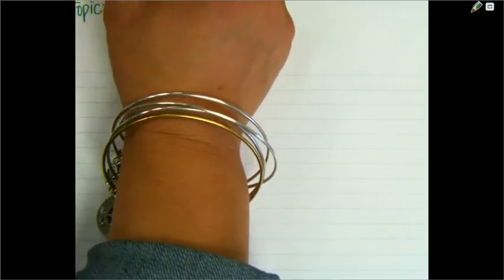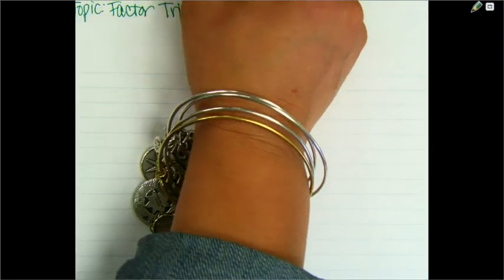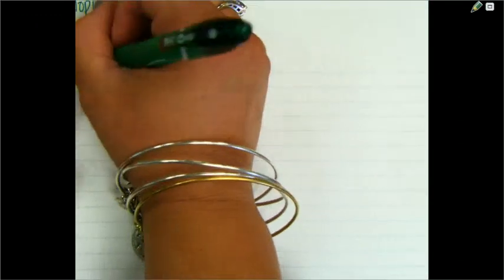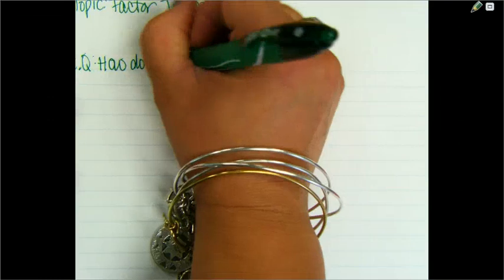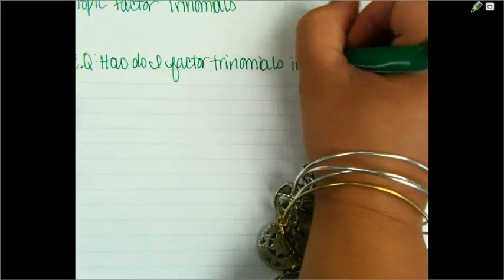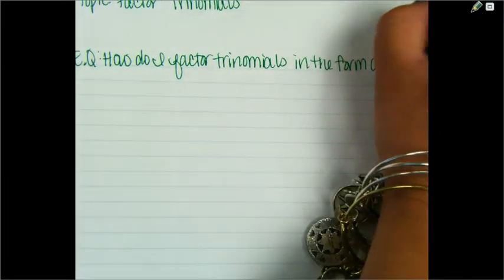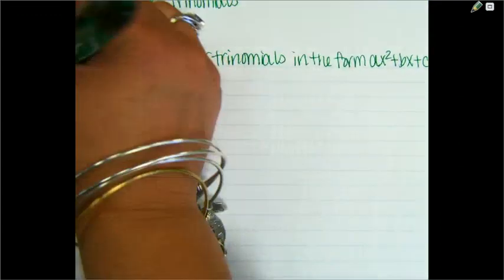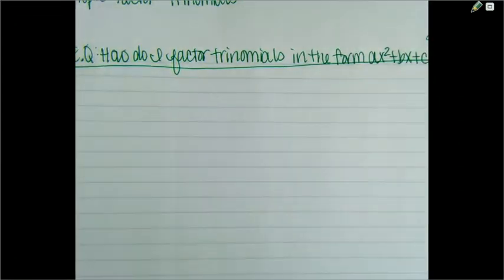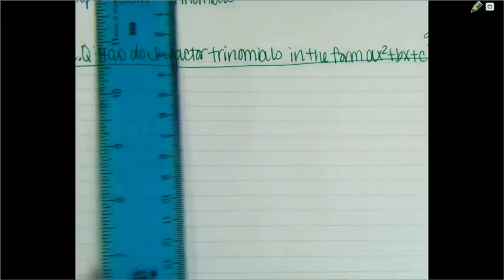Okay, factor trinomials. All right, how do I factor trinomials in the form of ax squared plus bx plus c?